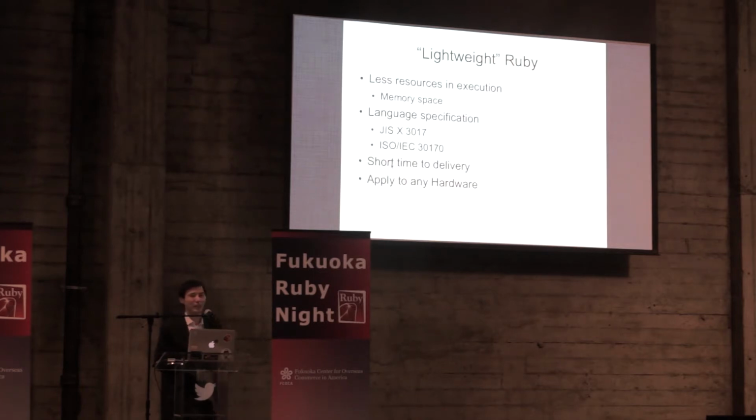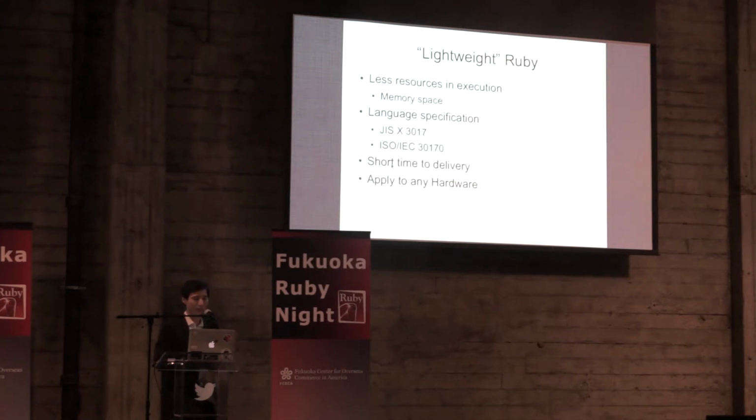First, the important point is that the footprint, or required resources, is small. Smaller memory space is enough, about 400 kilobytes only. The virtual machine and bytecode are included in only 400 kilobytes.